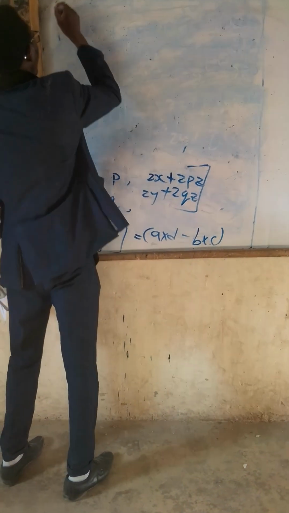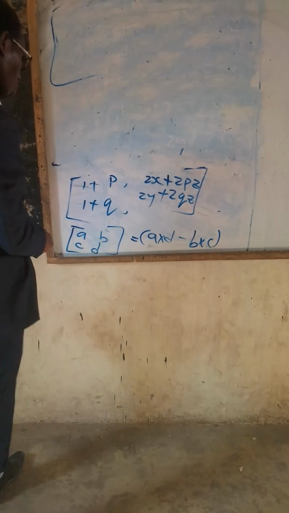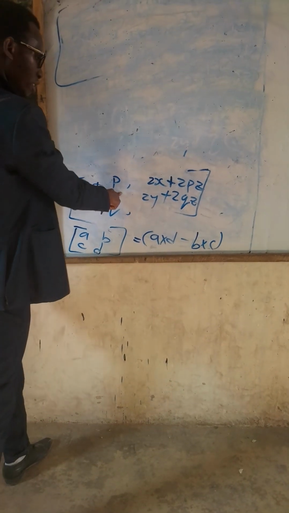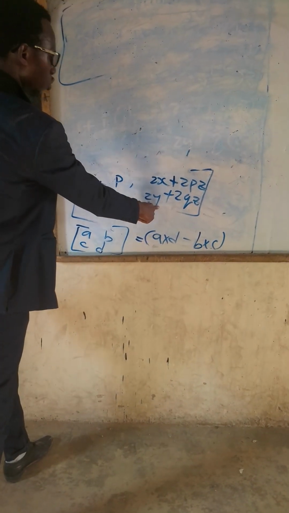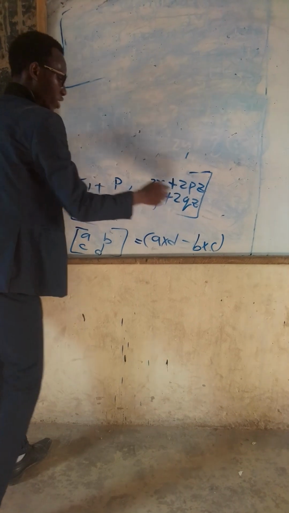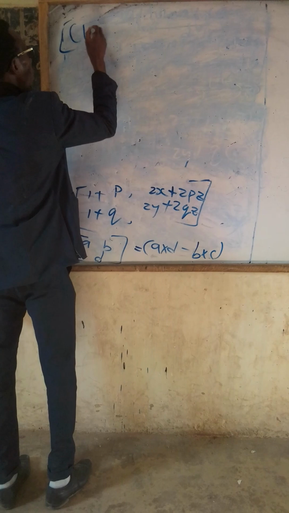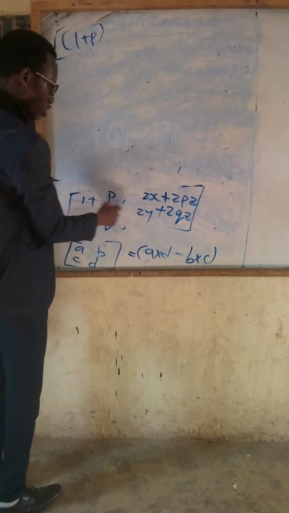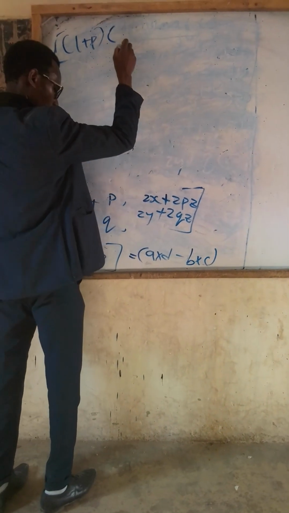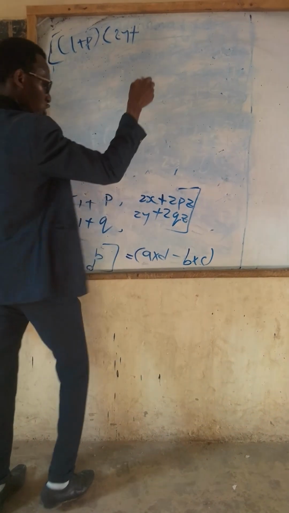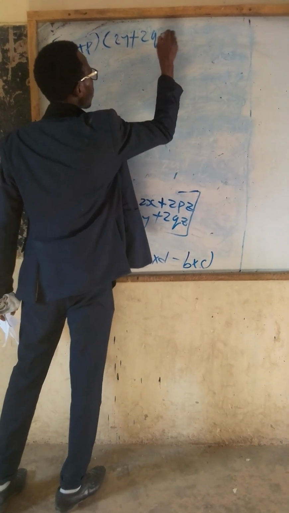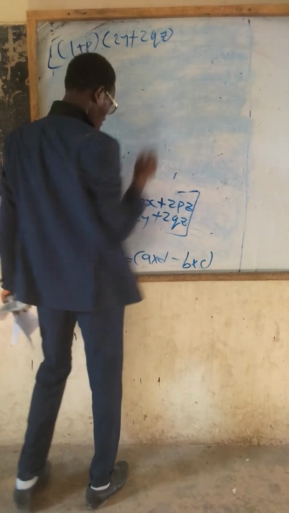So, what do we have now? We have 1 plus p multiplied by 2y plus 2qz. Look at it. Are you getting me now?